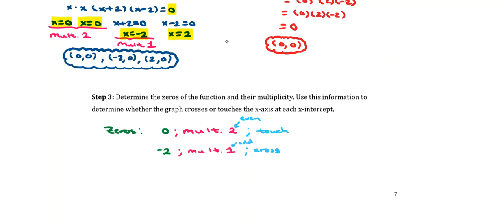Last but not least, we have a 0 of +2, and based on the above work, it showed up as an answer one time, so it has a multiplicity of 1, just like -2. And again, because 1 is an odd number, what this graph is going to do at the x-intercept of 2 is cross.